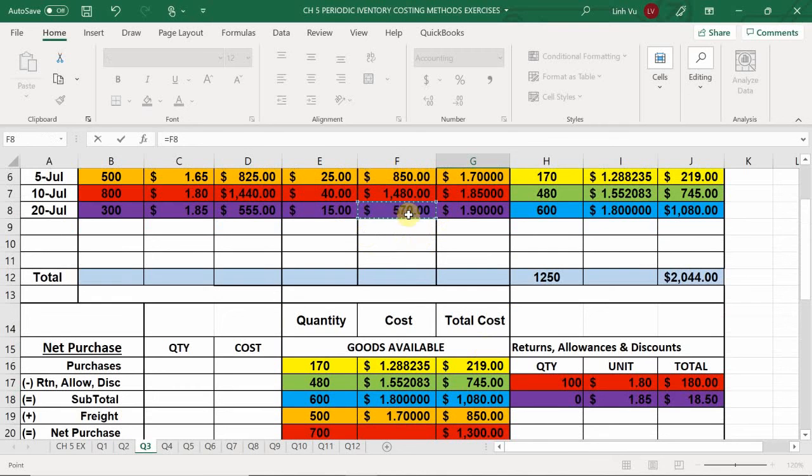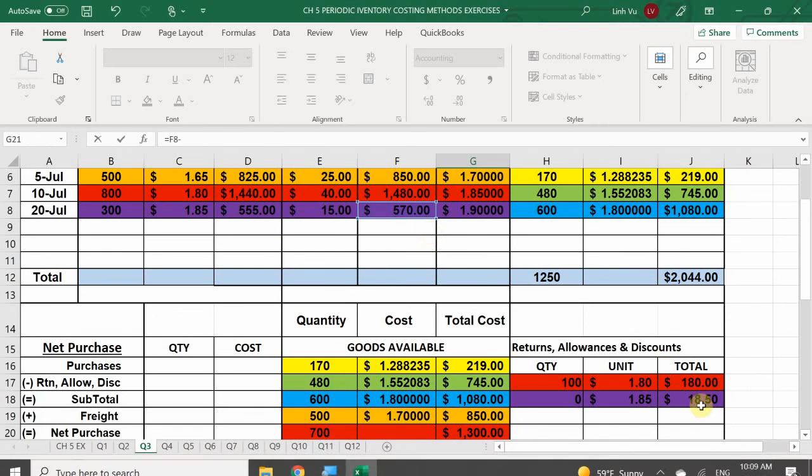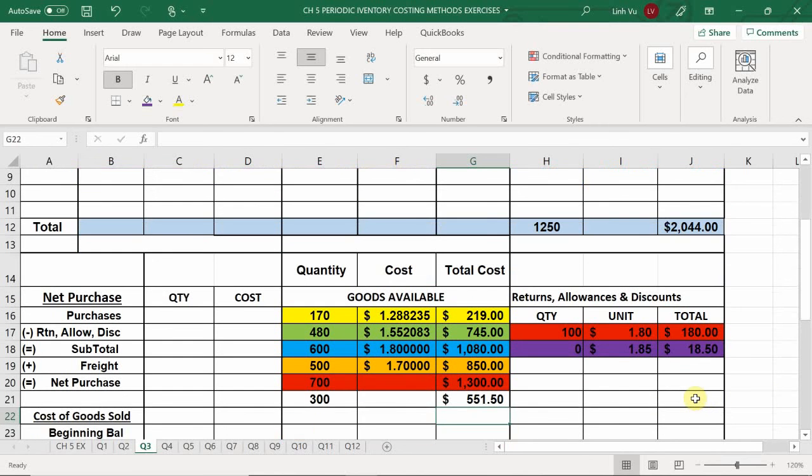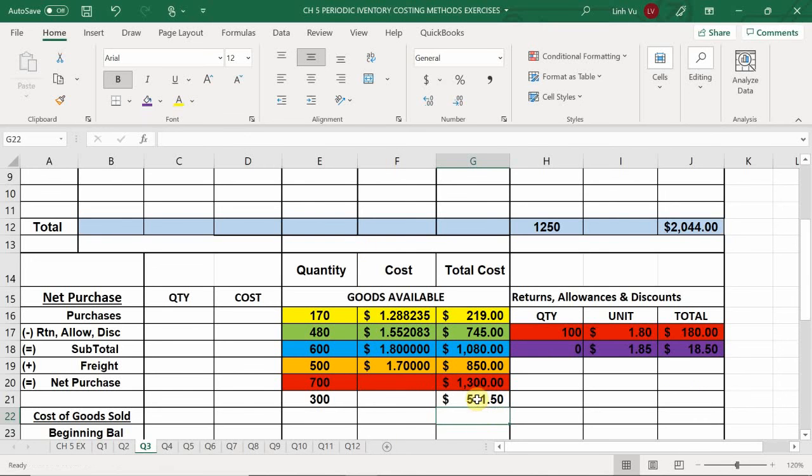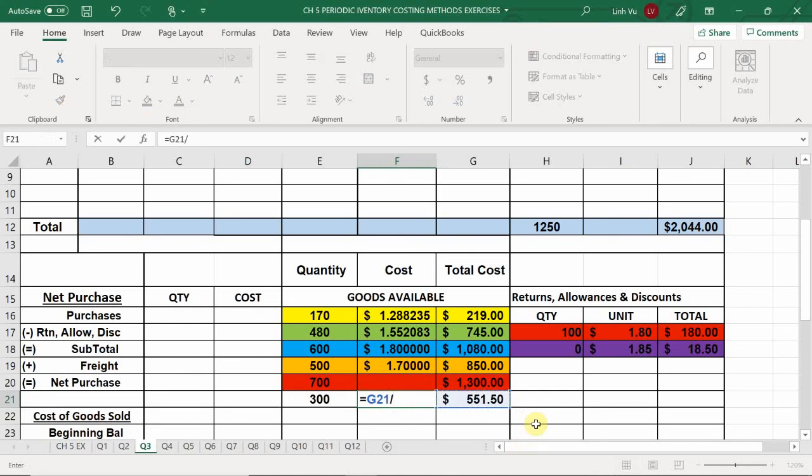570 minus 18.50 gave me $551.50. Okay. So therefore, I need to resolve for my cost per item.